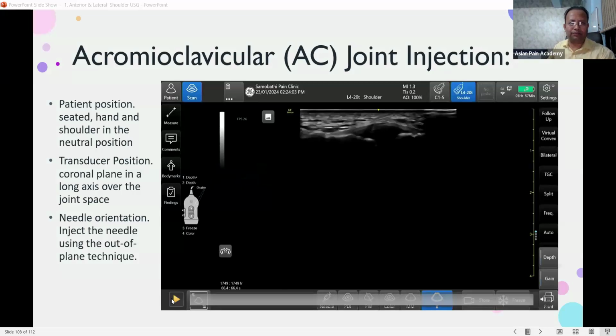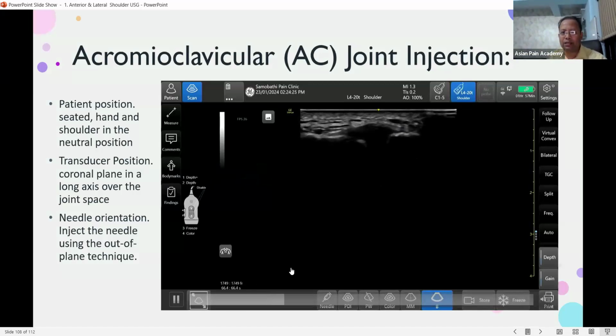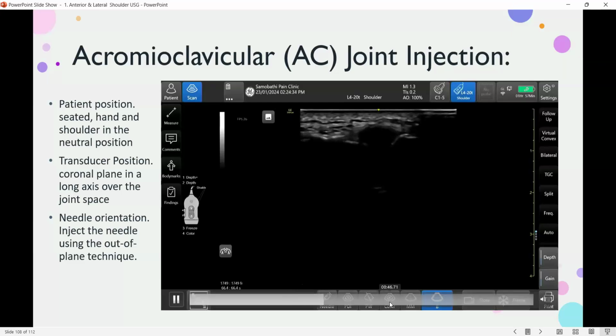Acromioclavicular joint injection. This is being done by Dr. Devjyoti. I'm making it a bit fast. So here, needle is. And remember, it is out of plane technique. It is not in plane.